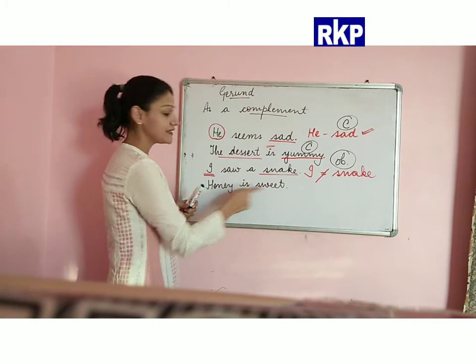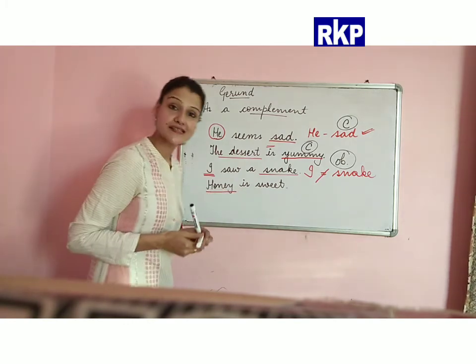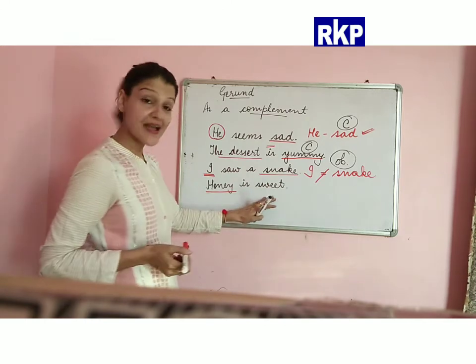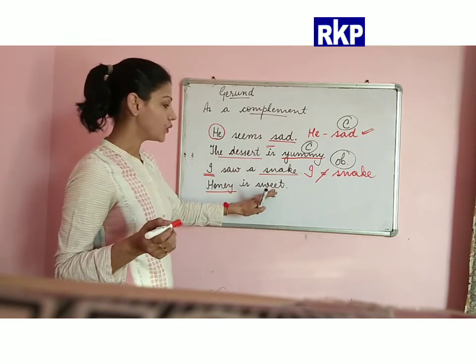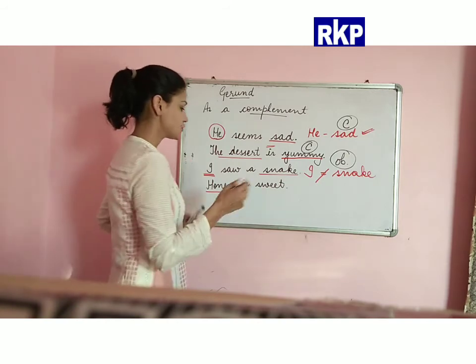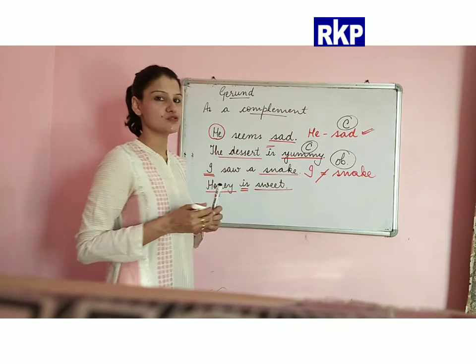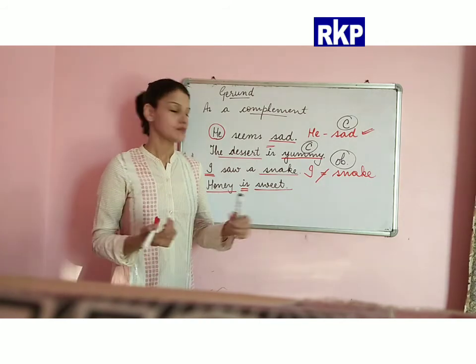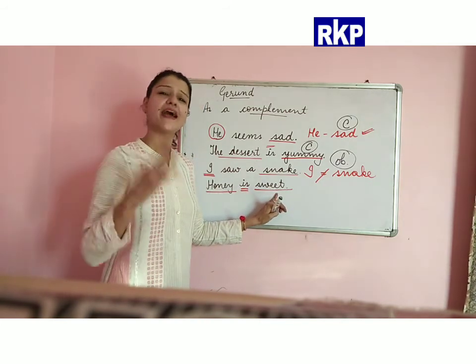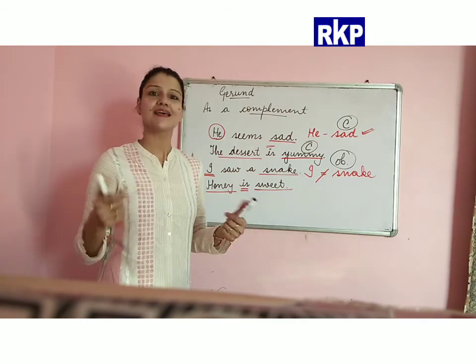Now, honey is sweet. Honey is our subject, and we have to find out whether the word sweet is object or the subject complement. So if we write here, honey equal to sweet. Of course, it is the right adjective for honey because honey is sweet.